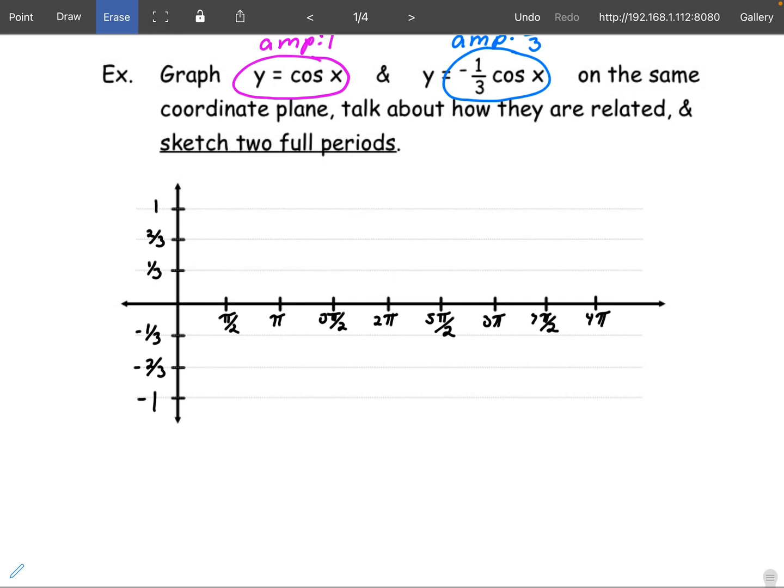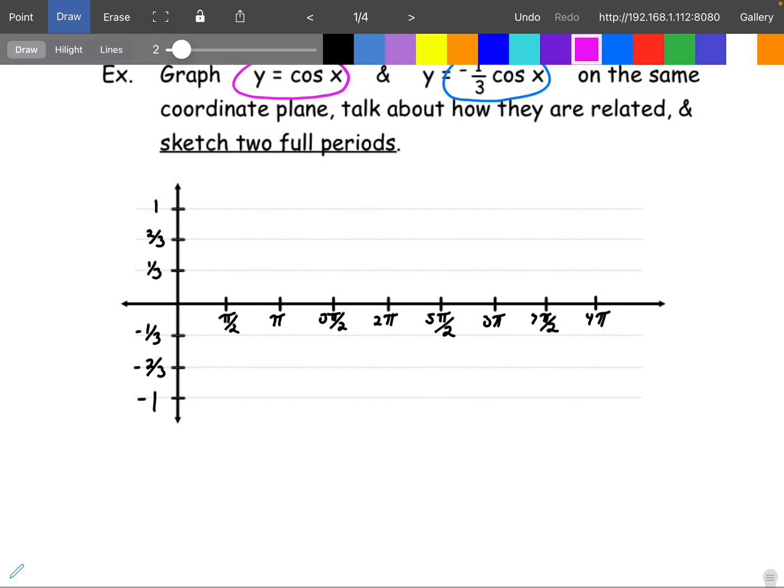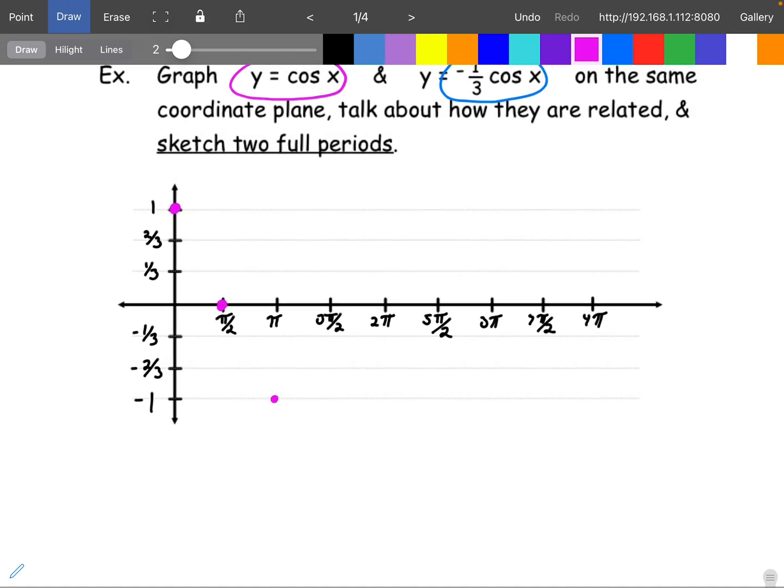We're ready to go ahead and put those points on. For the original cosine function, it started at 0, was 1. At pi over 2, 0. Pi is -1. 3 pi over 2 was 0. And then 2 pi was back up at 1. Then that's one full period.